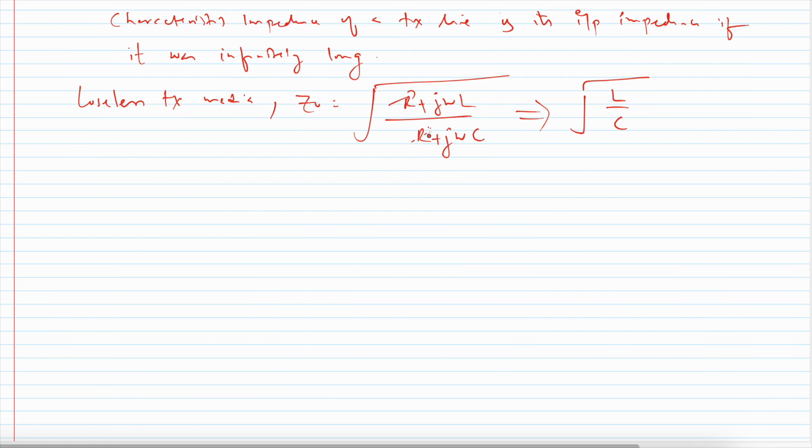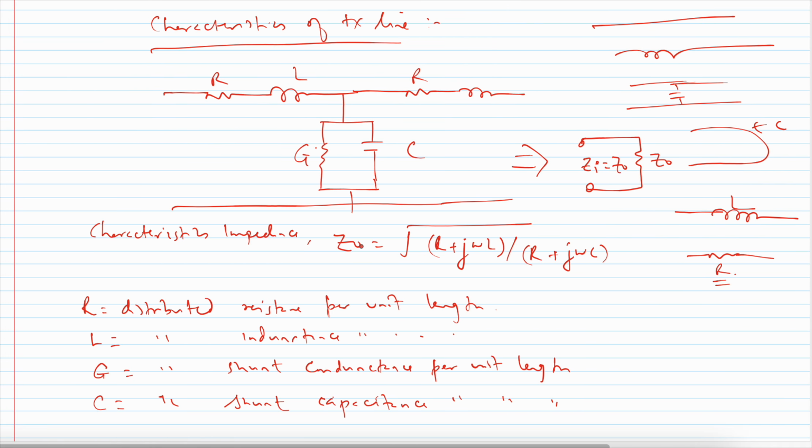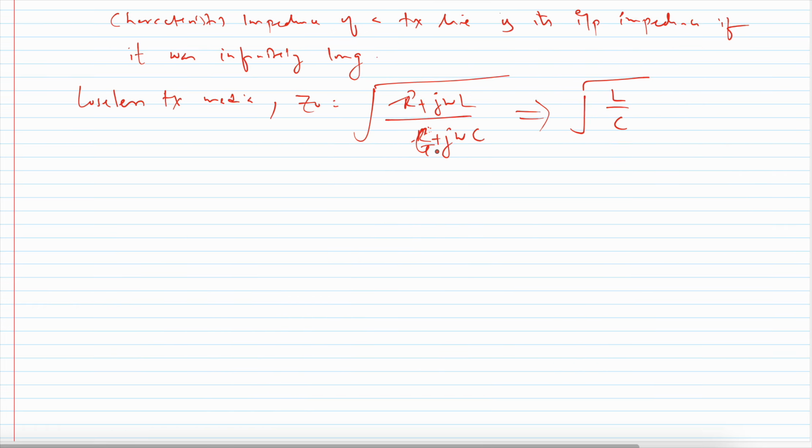Yes, I think this is G. Yes, here it must be G. This G and this are cancelled, where R and G equal to 0.